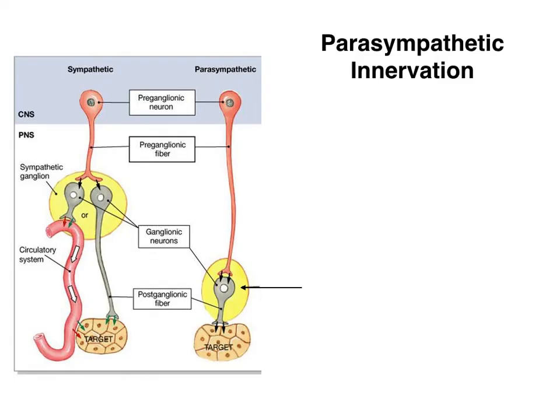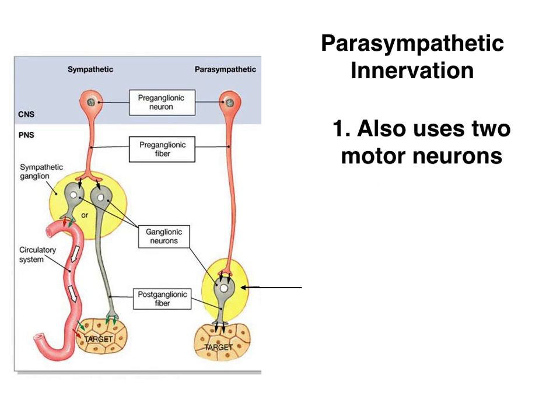The parasympathetic innervation is similar, but the location of the ganglia is different. There are 2 motor neurons that occur in a row, so there's a pre- and post-ganglionic neuron, but the location of the ganglia where the second motor neuron's cell body exists is different.